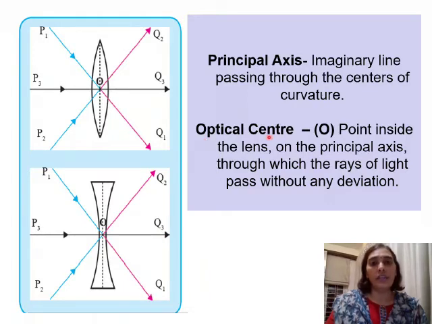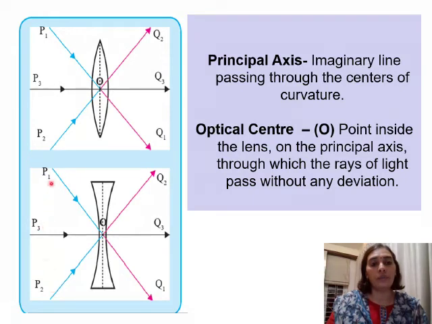Next is optical center. It is represented as capital O. And how is it defined? It is the point inside the lens on the principal axis through which the rays of light pass without any deviation. Here we have three rays which we have shown, P1, P2 and P3.